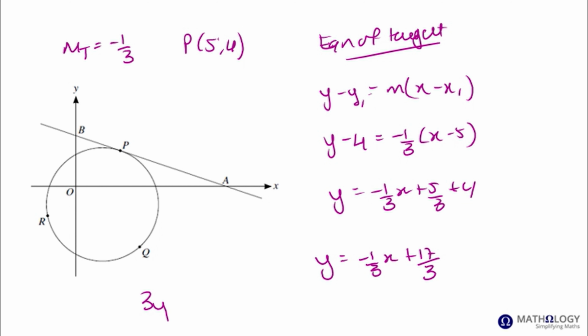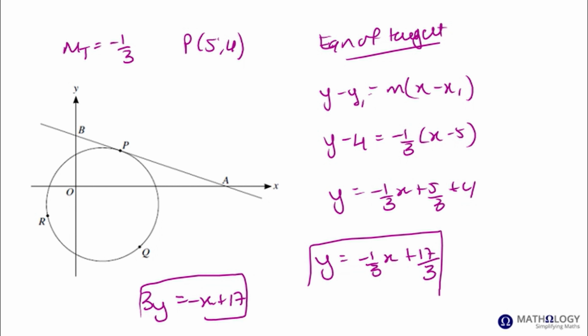If you like, you can write this as 3y equals minus x plus 17. And this is the equation of the tangent to the circle at P.